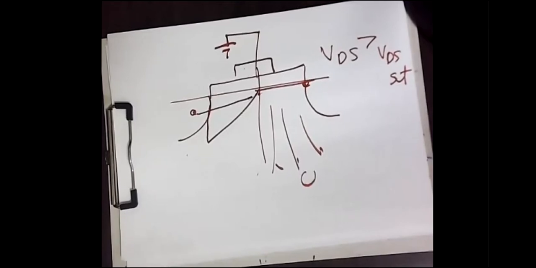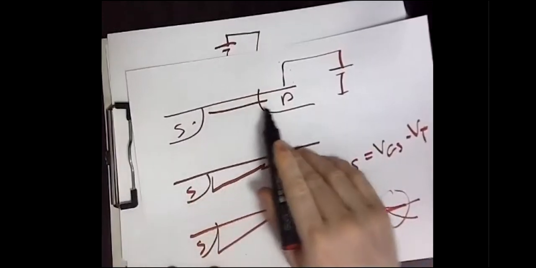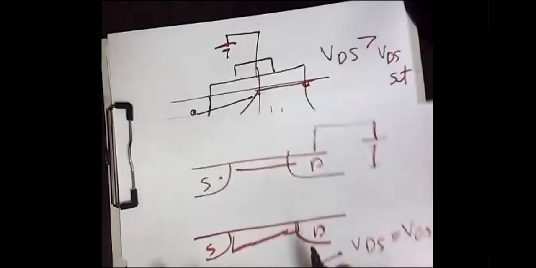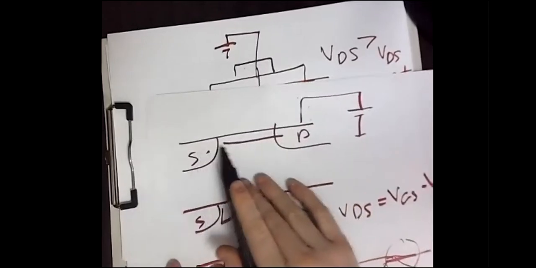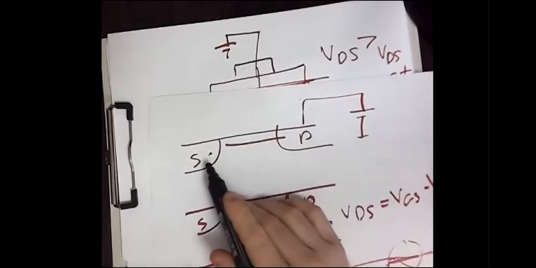But you can easily understand that the electron motion here is easier than the electron motion here. Here you have a constant flat resistance. Electrons move freely from the source to the drain. The bridge is completed. The bridge connected the source to the drain.